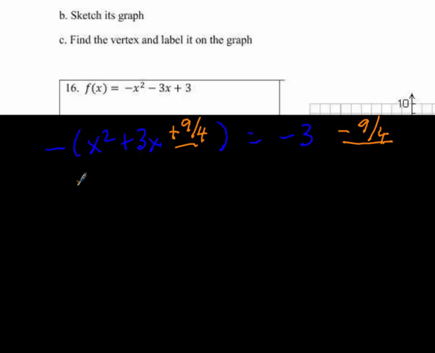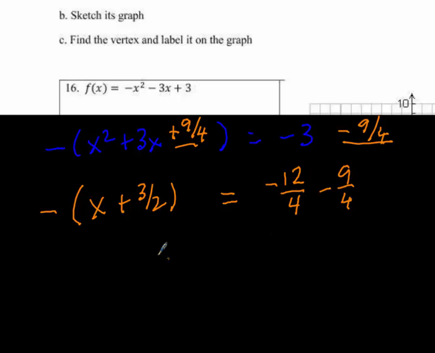And then b over 2, so this factors down to negative. This becomes then x plus 3 over 2. All right, so then this would equal, now in order to add these together, right, we need to put them into common denominator, so the negative 3 would become negative 12 over 4, and then minus 9 over 4, which I could put together.